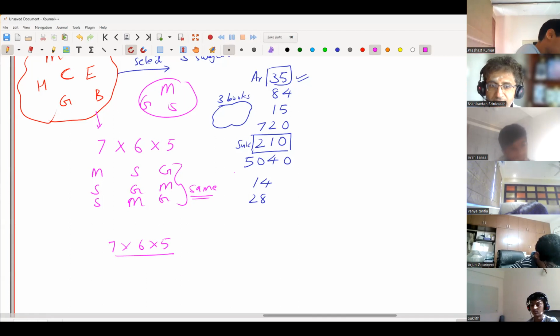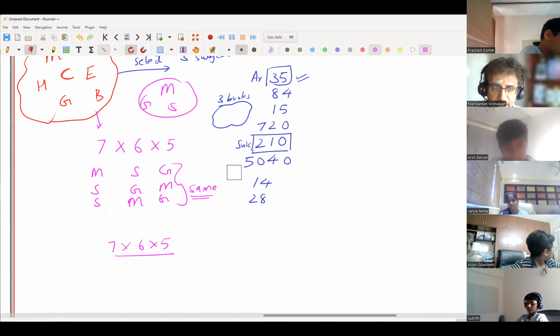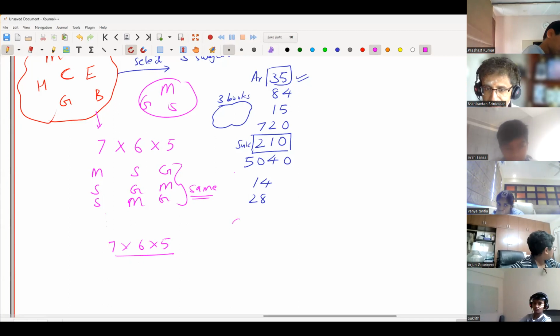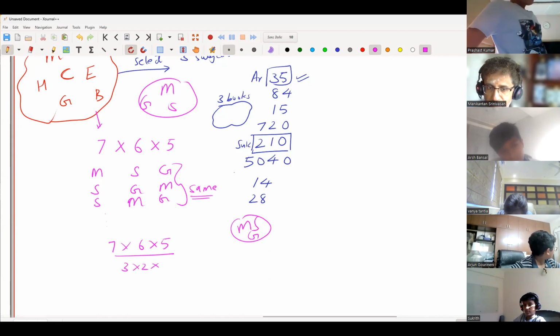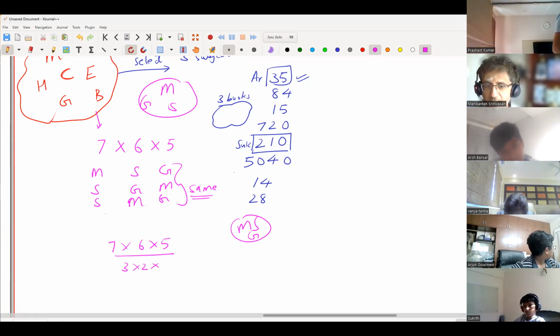We are not subtracting, we are dividing. What is this number 6? It is the number of ways in which I can arrange M, S, and G. Let's say the ordering did matter. I could have called any one of them first, any one of the remaining 2 as the next one, and for the last one there was only one way. But all of them are exactly the same choice of books. Therefore, I divide by 6. Is this clear? Yes, sir.